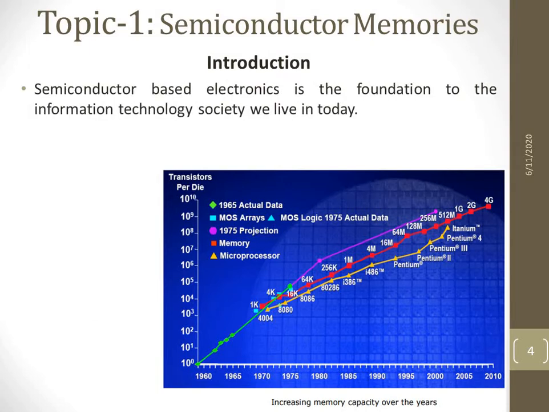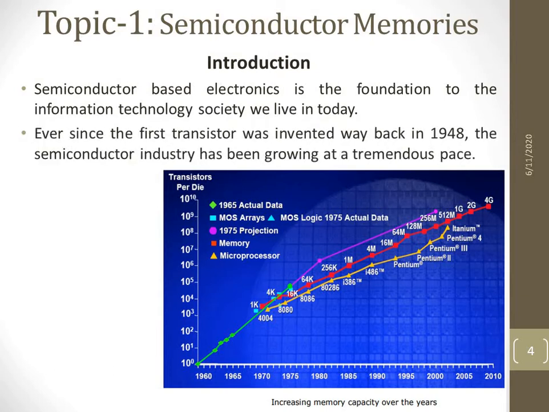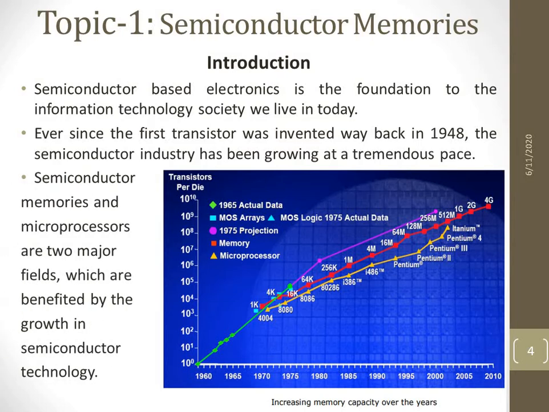Semiconductor based electronics is the foundation of the information technology society we live in today. Ever since the first transistor was invented way back in 1948, the semiconductor industry has been growing at a tremendous pace. Semiconductor memories and microprocessors are two major fields which have benefited from the growth in semiconductor technology.